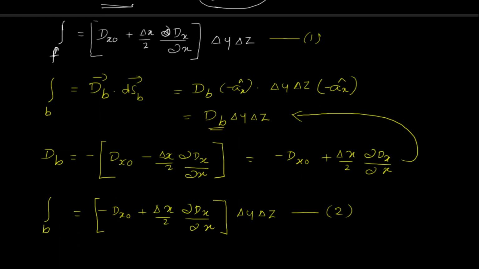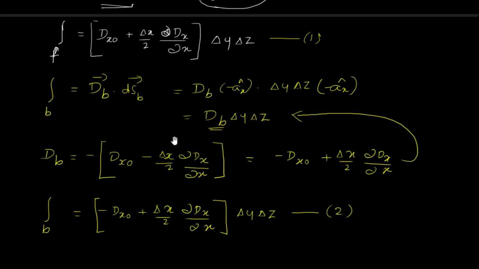Now I have the total evaluation of D dot dS on the front surface and the evaluation of D dot dS on the back surface. So if I add these, I will get front plus back. Then I have to evaluate left, right, top, bottom also. So let me finish off first front plus back, right?